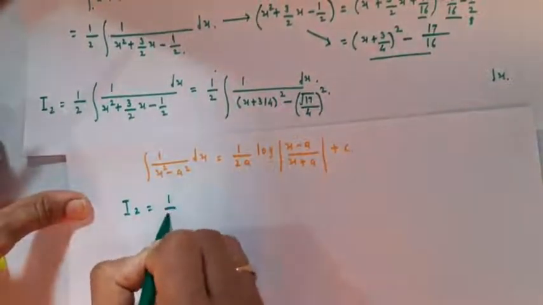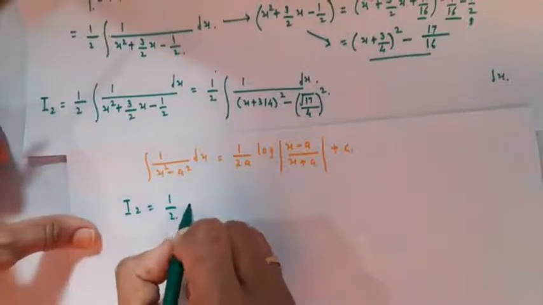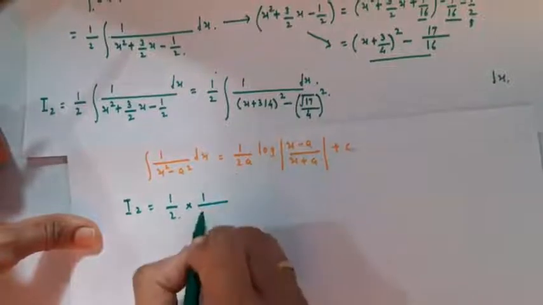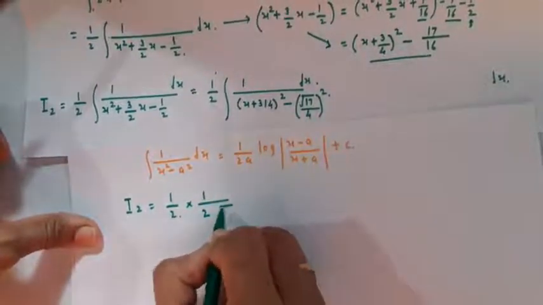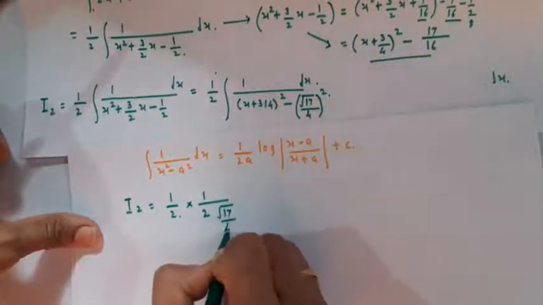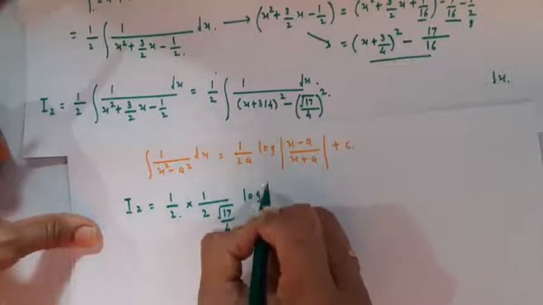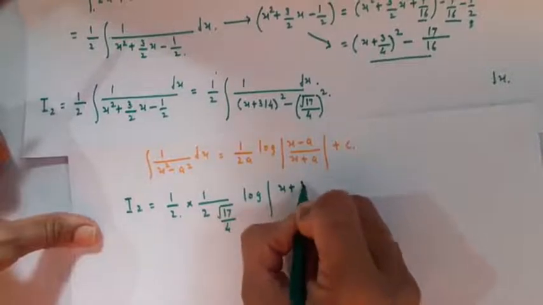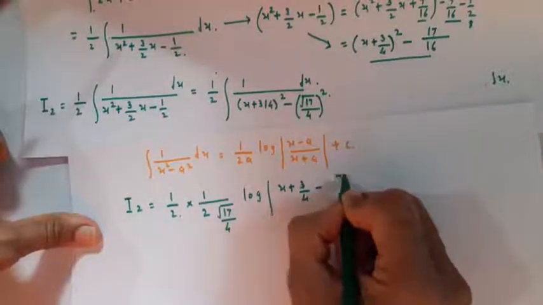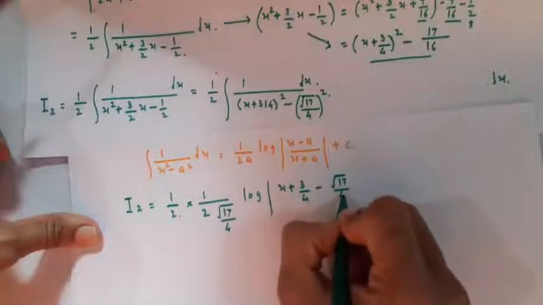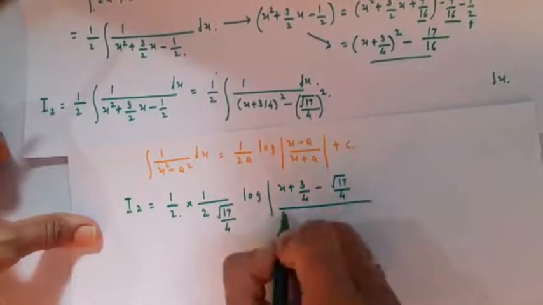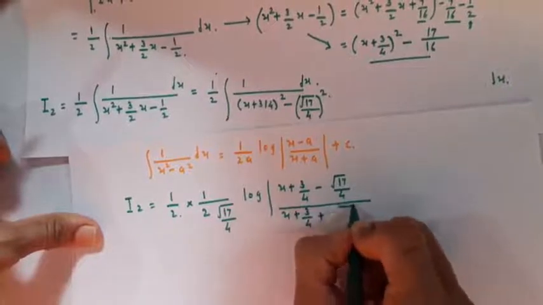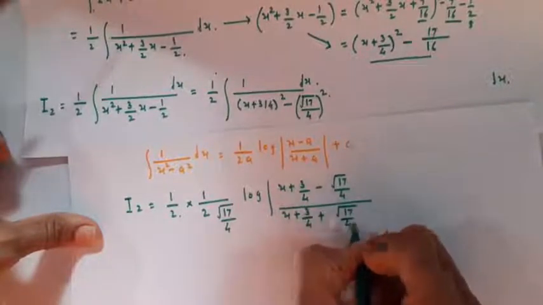And therefore the integration I2 equals 1 by 2 as it is, into 1 upon 2a, that is 2 into a, where a is root 17 upon 4, log of x minus a, where x is x plus 3 by 4, minus square root of 17 by 4, upon x plus 3 by 4 plus root 17 by 4.